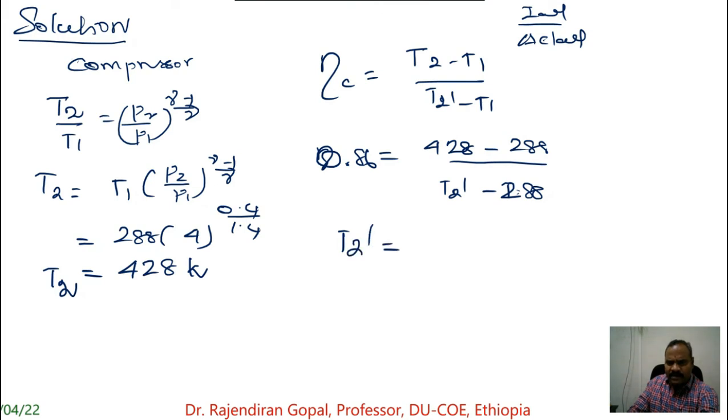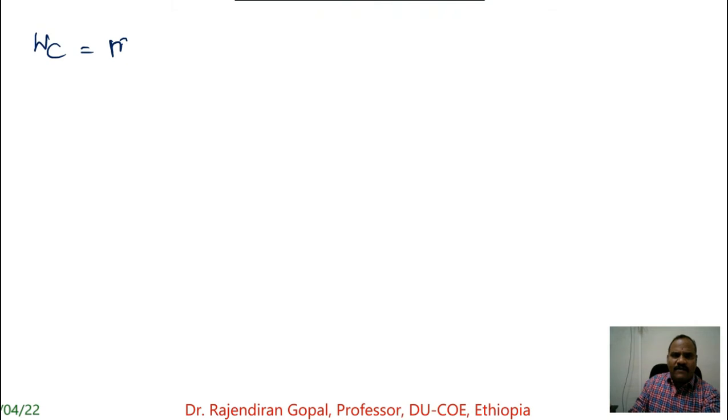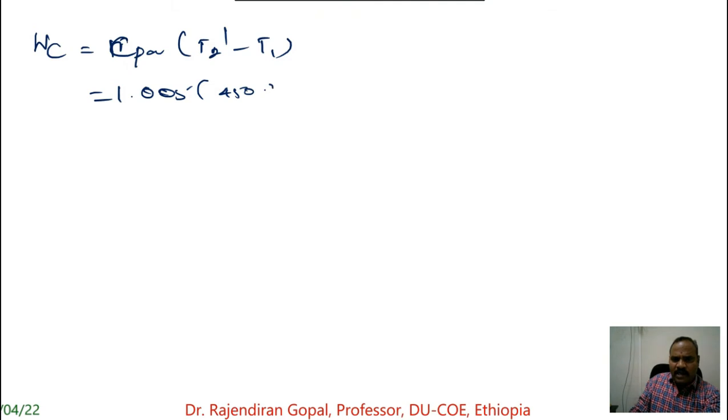Then T2 dash is equal to 450.8 Kelvin. Now work of compressor per kg of air is equal to Cp of air into T2 dash minus T1, that is equal to 1.005 multiplied by 450.8 minus 288, that is equal to 163.6 kilojoule per kg of air.